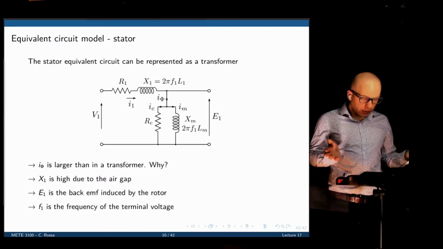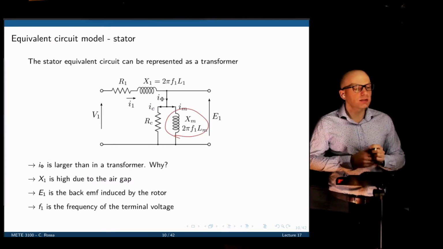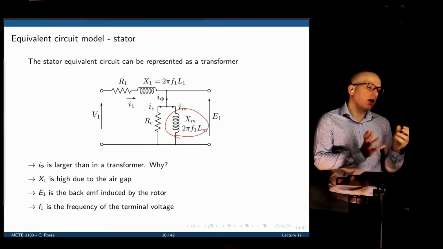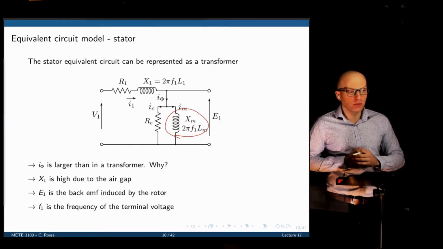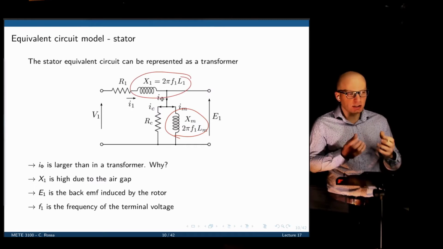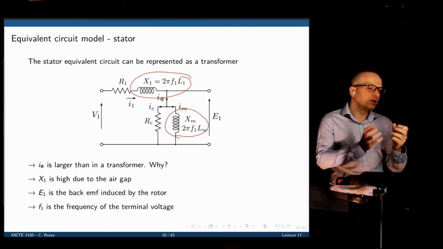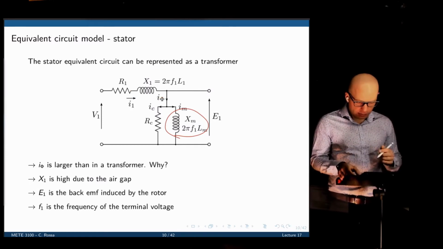It's a transformer. The only difference is that now this magnetizing inductance is actually due to the air gap between the primary coil and the secondary coil, and the leakage reactance is also greater because you don't have a clear ferromagnetic path for the magnetic flux.